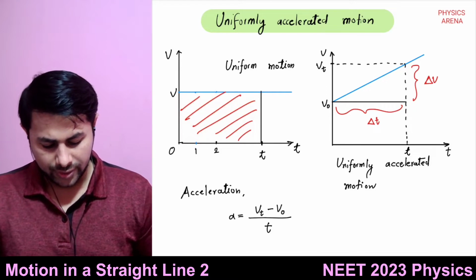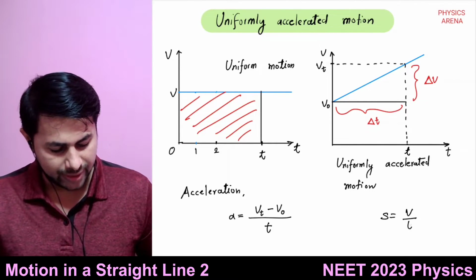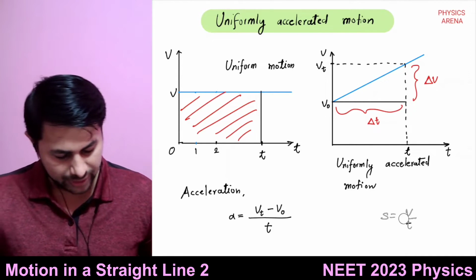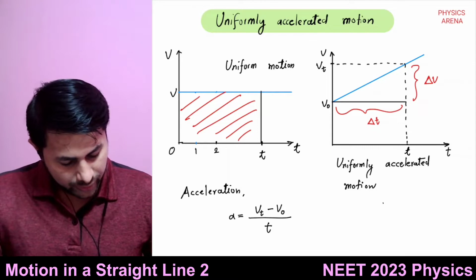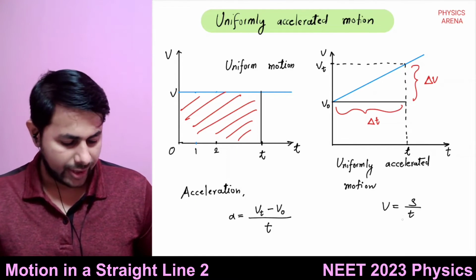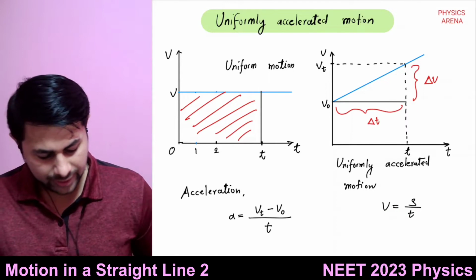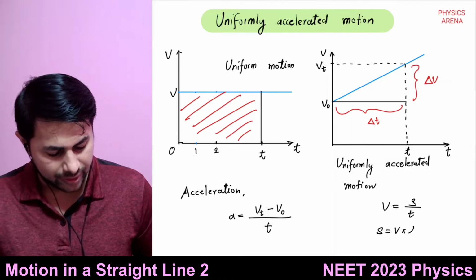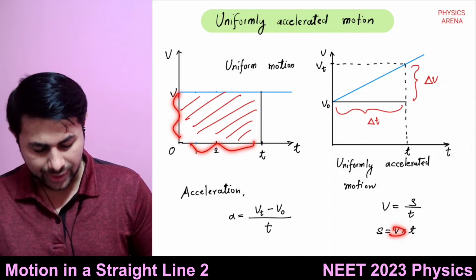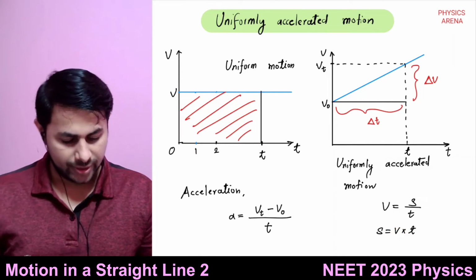Your velocity is displacement divided by time, and if you take this time on the other side, you get s is equal to v multiplied by t. So the area under this velocity versus time graph will give you displacement.